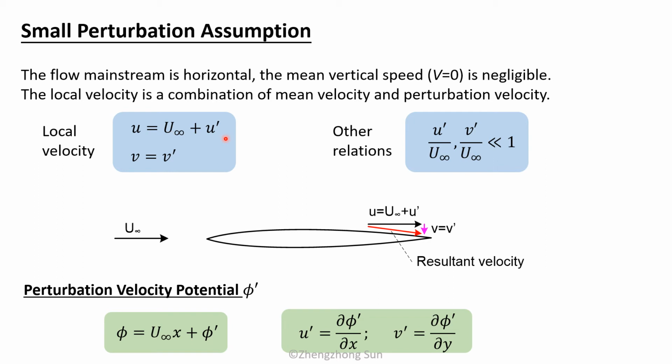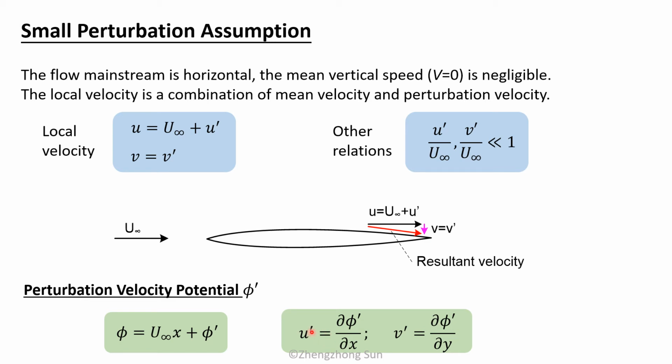So we can treat u as partial phi partial x, and u prime is partial phi prime over partial x. And then we do the integration, and we'll have this relation: phi equals u infinity times x plus phi prime.